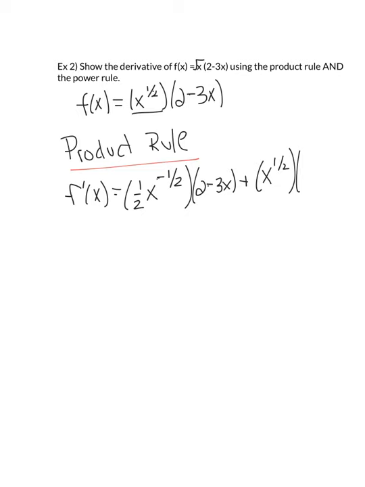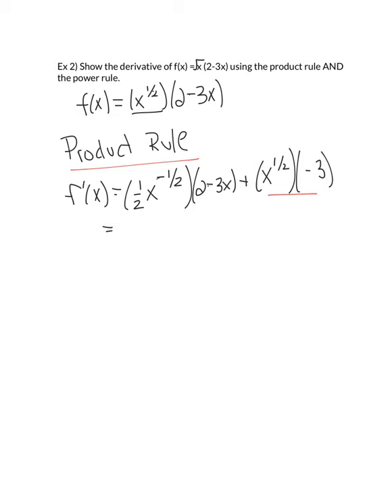So since the 2 is just a coefficient, it goes away, and all I'm left with is this negative 3. Now, just as a preference, you can choose to do this either way. So you could have done the derivative of the second function times the original first function. It doesn't matter which way you're doing it since we're multiplying. I'm going to go ahead and I'm going to simplify this a little bit further and exchange those negative exponents.